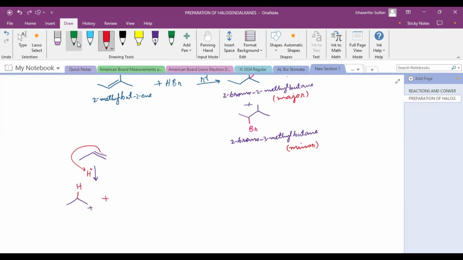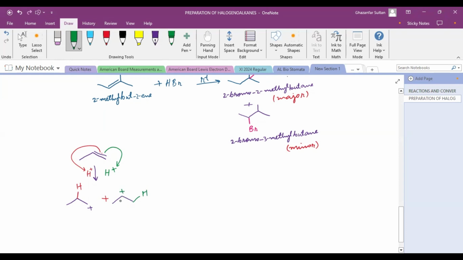While on the other side, if hydrogen ion forms a bond from there, then what is the product? You can see the positive ion will be formed on the second carbon atom.